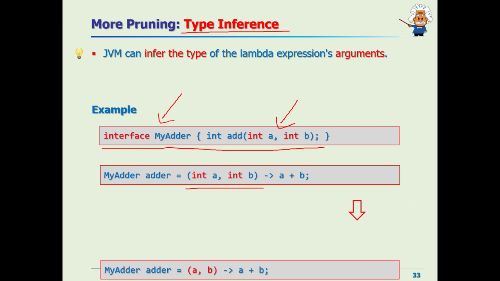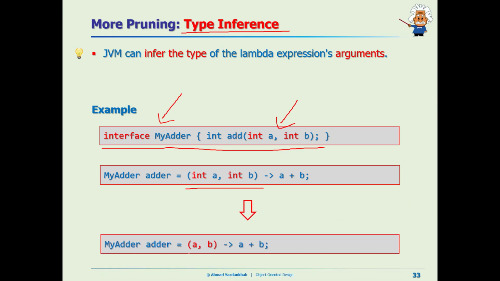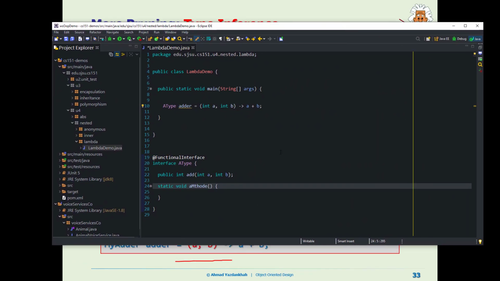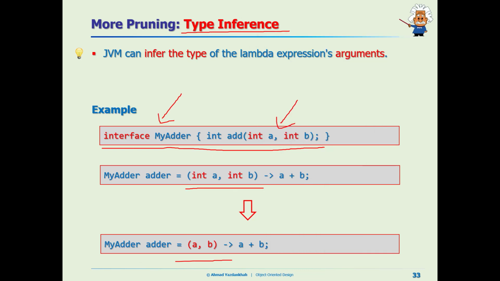So we can just remove even the types of the arguments. Since we have these types here, we don't need these types here. So you see how small and concise the code is for the lambda expression.